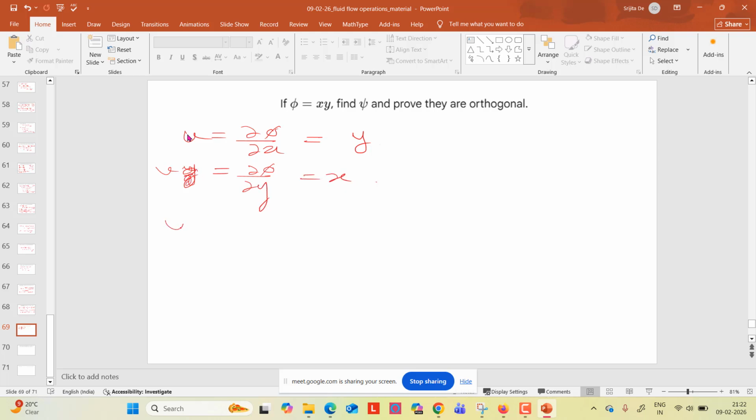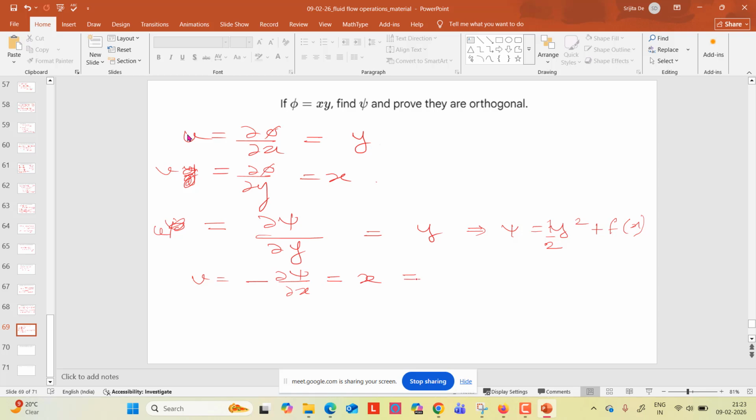Then psi: for the stream function, u equals del psi del y equals y. So psi is half y square plus f of x, and v equals minus del psi del x equals x.